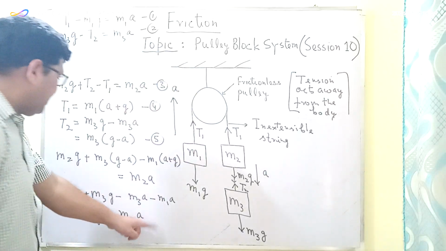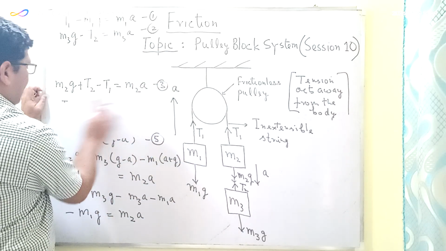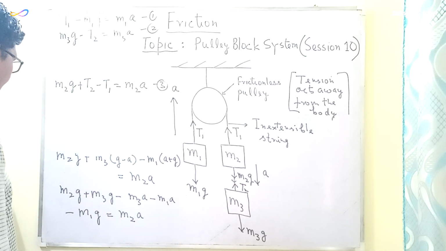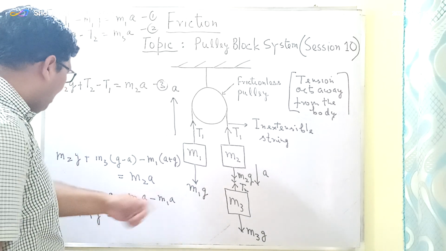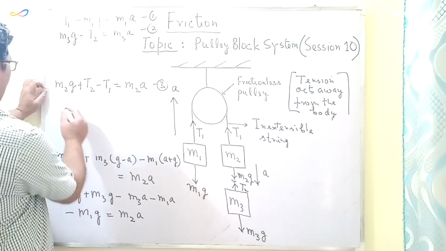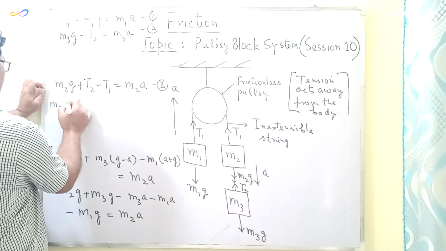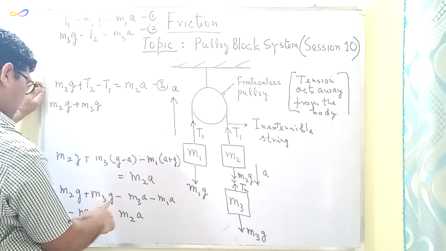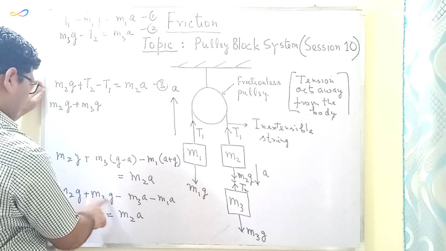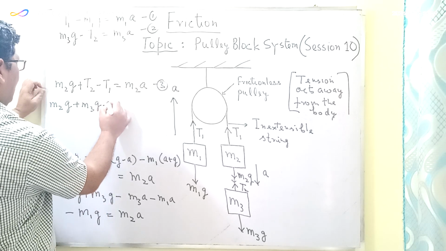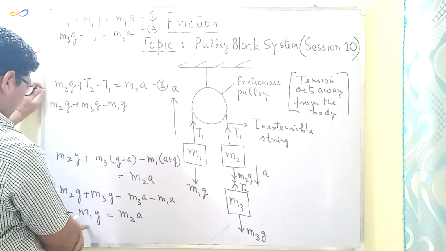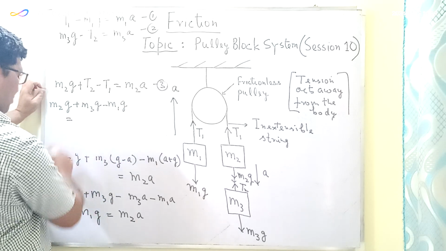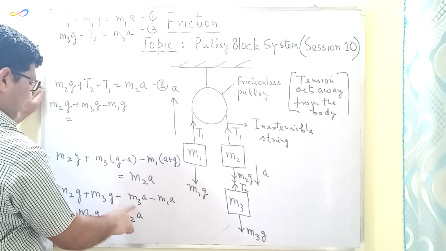Now, with the help of this equation, I will be able to find the value of the common acceleration. So what I will be doing is taking all the terms containing a on one side. So m2g plus m3g minus m1g will be equal to what? m2a plus m3a plus m1a.